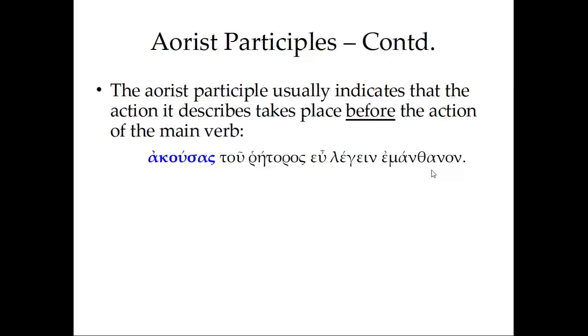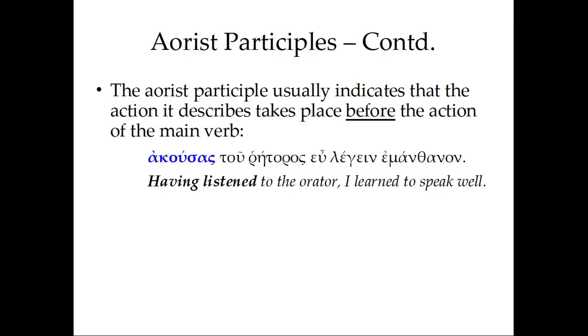And if you're learning something, learning to do something, what you're learning to do goes into the infinitive form. So a literal translation of this might run something like this. Having listened to the orator, or the public speaker, I learned to speak well.